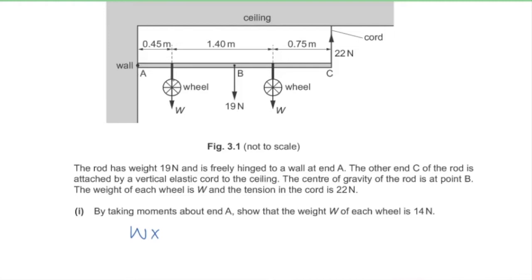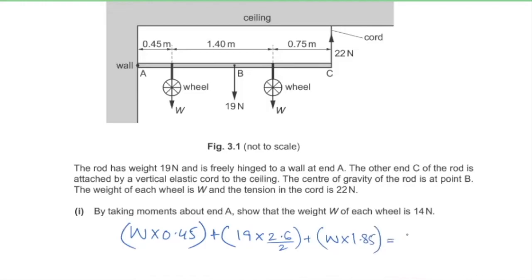So total clockwise moment is going to be thus: the first W into the perpendicular distance between the pivot point A and this force W, which is 0.45, plus the weight of the rod, which is 19, and the perpendicular distance between the center of gravity and the wall is going to be half the length of this rod. The total length of this rod is 2.6, so it should be half of it, plus the second W into the perpendicular distance from W to the wall, which is 1.85.